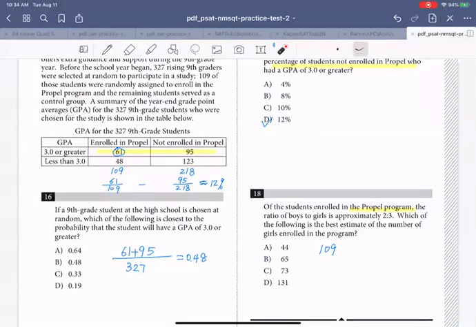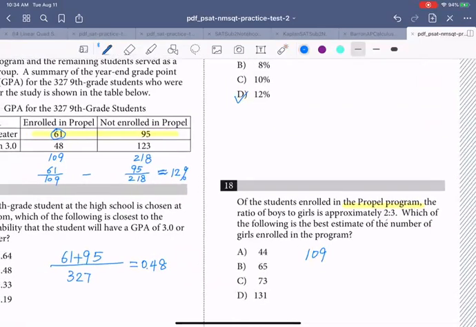And the ratio between boys to girls is 2 over 3. So you can suppose your boys is 2x, your girls is 3x. That means your total is 5x, right? Then your x is 109 divided by 5, correct?